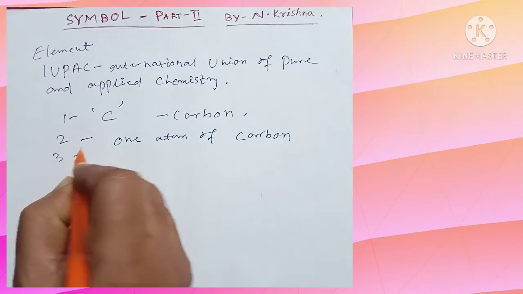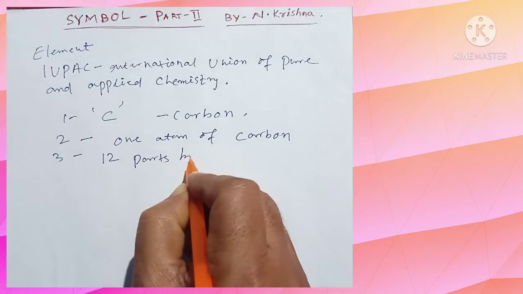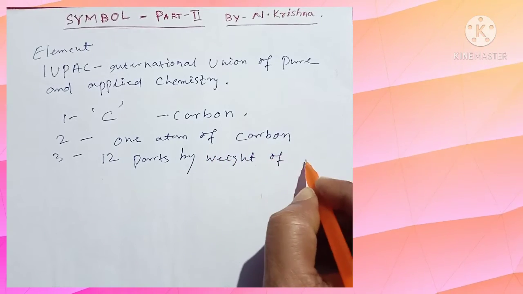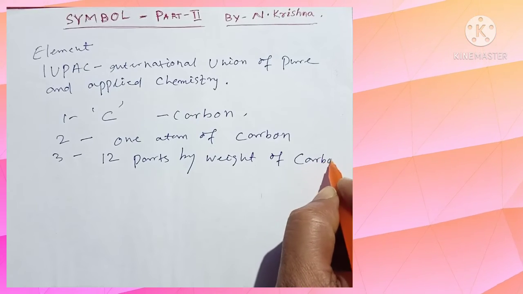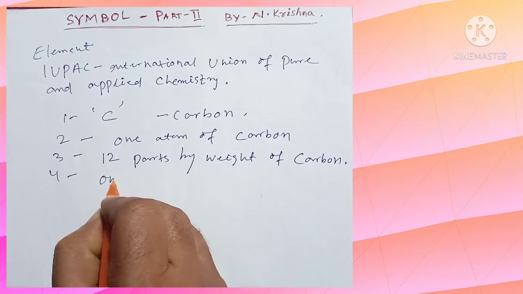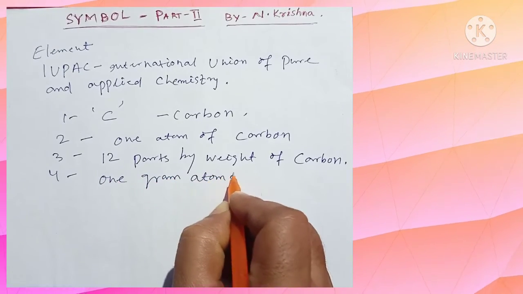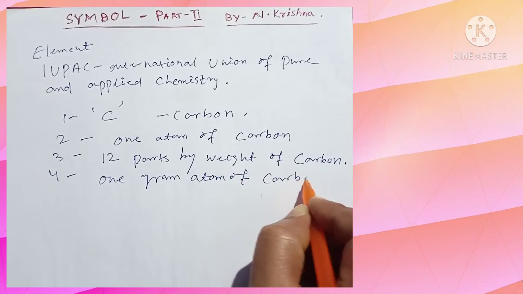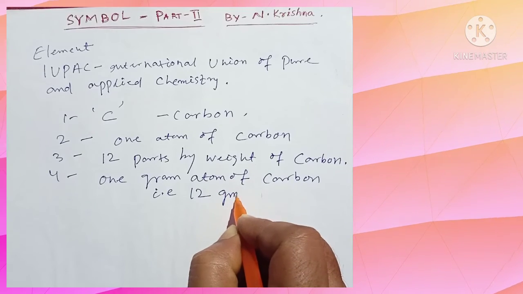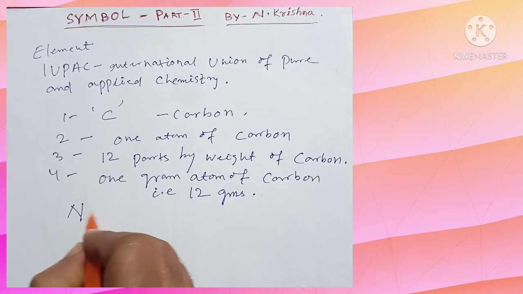Third, it represents 12 parts by weight of carbon. Fourth one is that 1 gram atom of carbon, that is equal to 12 grams.